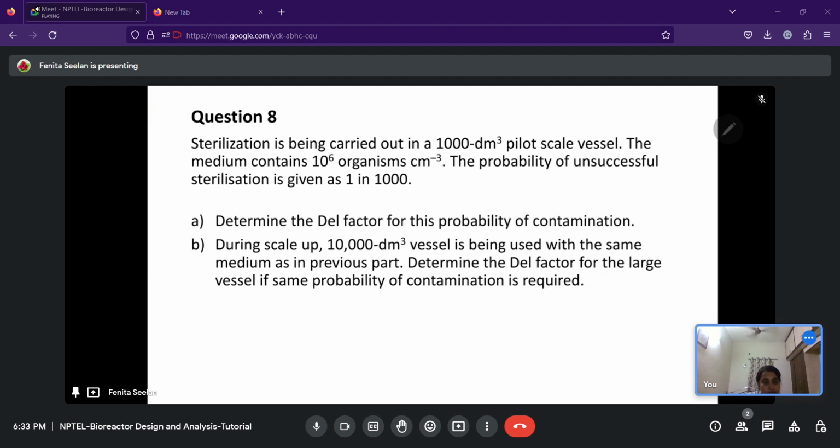Del factor is your kD into t. Question B is, during the scale up, a 10,000 dm cube vessel is being used with the same medium as in the previous part. You are asked to determine the del factor for the large scale if the same probability of contamination is required. So it is a problem of both scale up and sterilization. We'll start solving the problem in a few minutes.